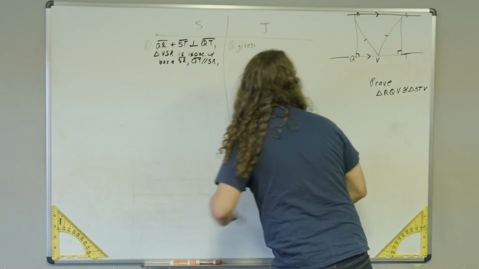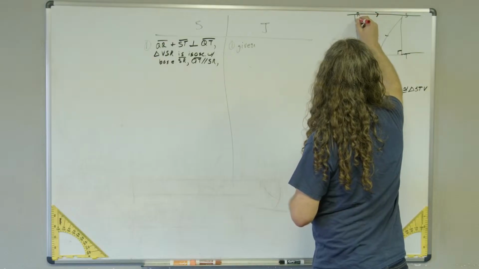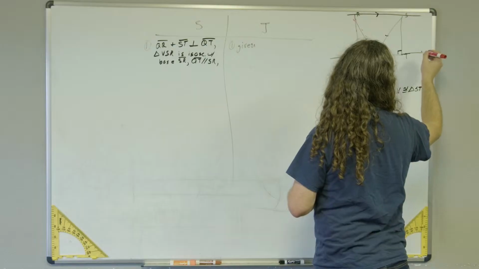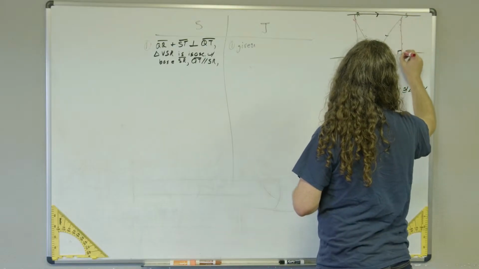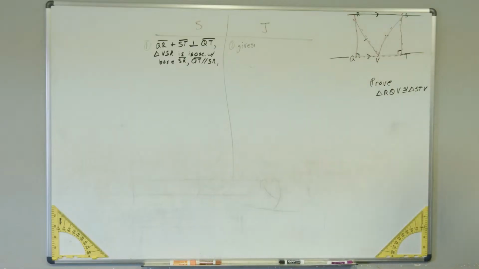RQV, so we're looking at this triangle and STV, that triangle. So we already have a side. We can get an angle real easy, so if we can get another side, we're cooking. Well, as long as it's the correct side, because we can't do angle side. That's not a thing.